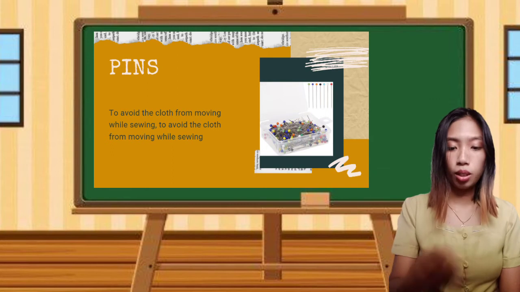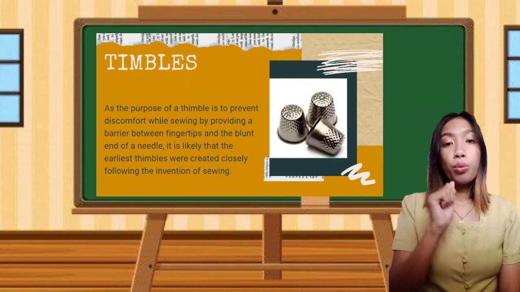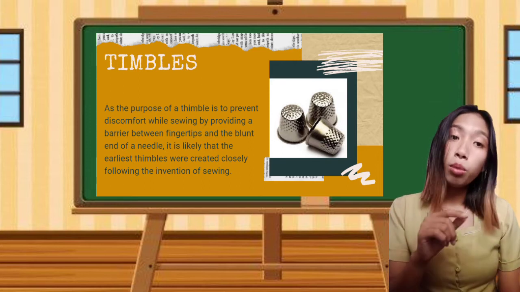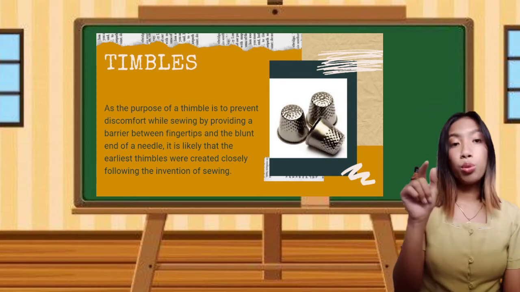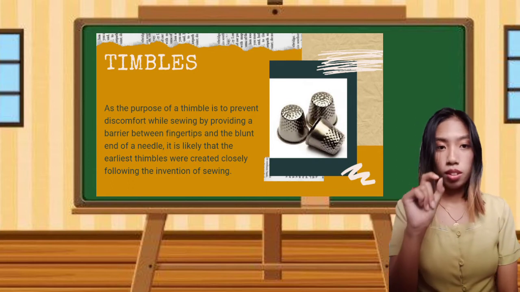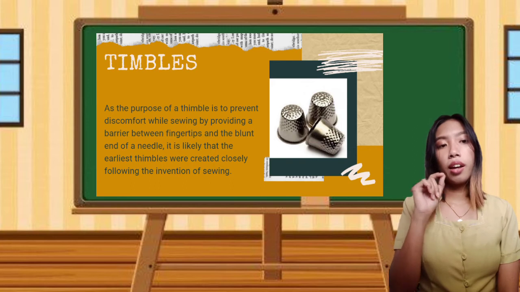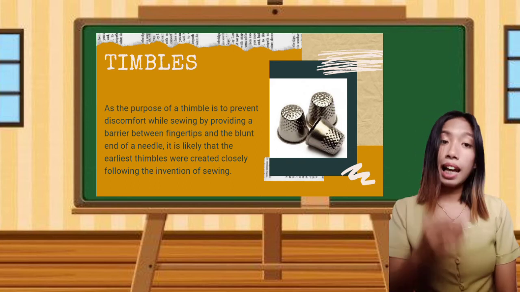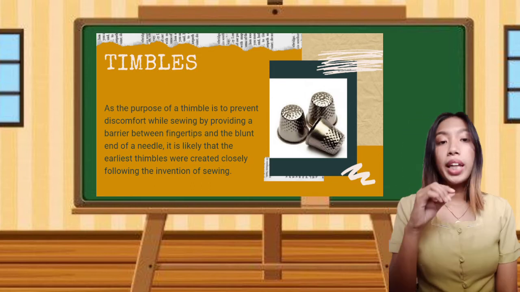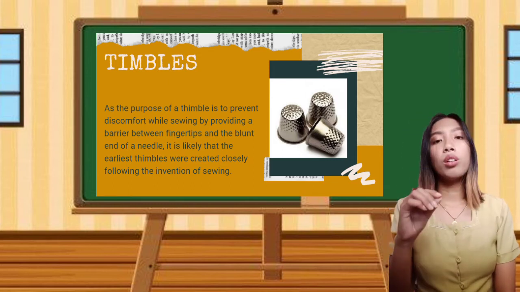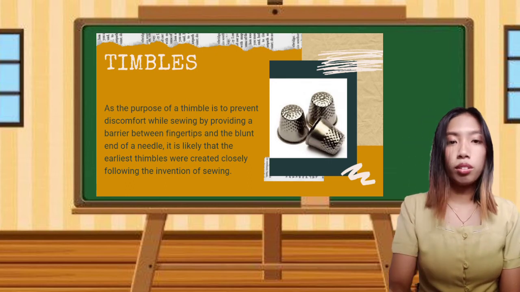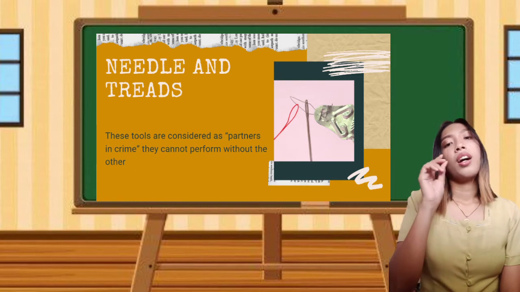It's a pin. Remember, the purpose of the thimble is to prevent discomfort while sewing by protecting the barrier between fingertips and the blunt end of the needle. It is likely that the earliest thimbles were created closely following the invention of sewing. It is a thimble.